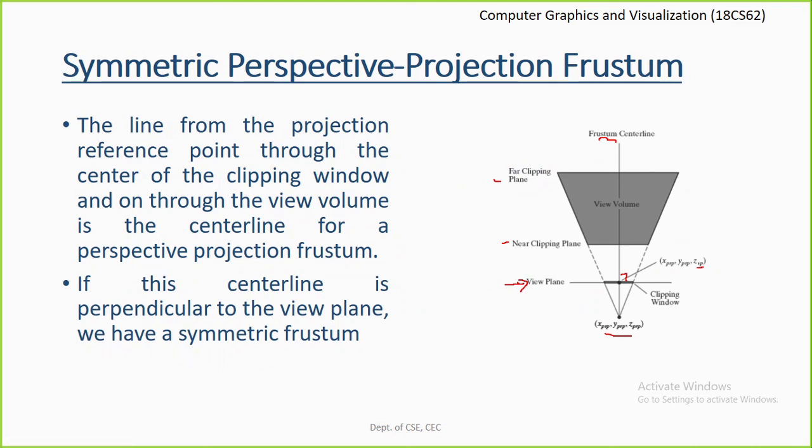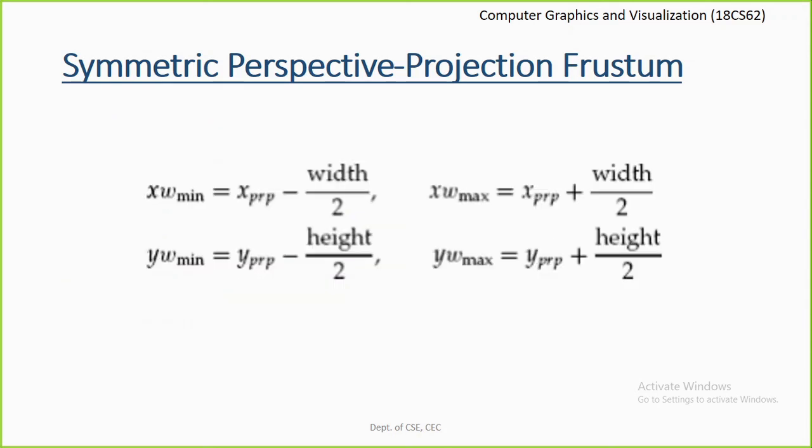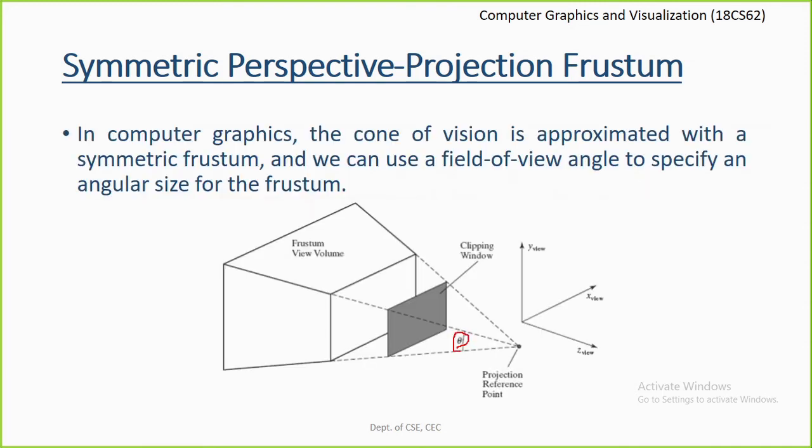Basically, if a center line that passes from the projection reference point through the center of the view plane and through the view volume is perpendicular to the given view plane, we call it a symmetric perspective projection frustum. These were the equations for calculating the boundaries of the clipping window in case of the symmetric perspective projection frustum. And then we discussed the field of view of a given frustum.